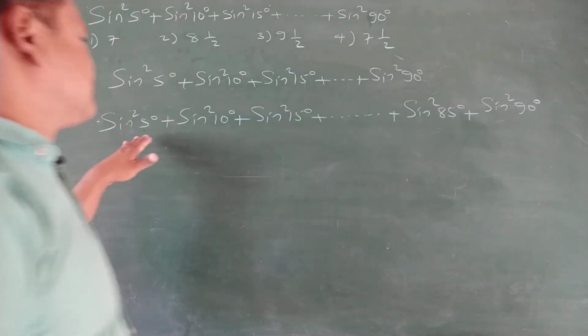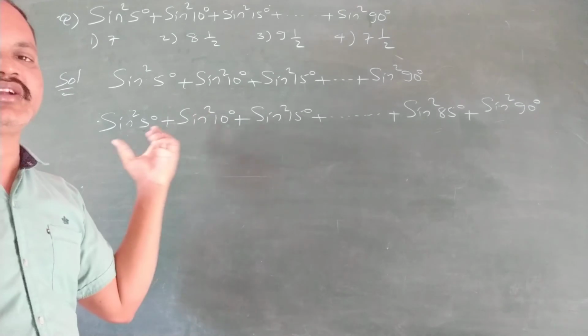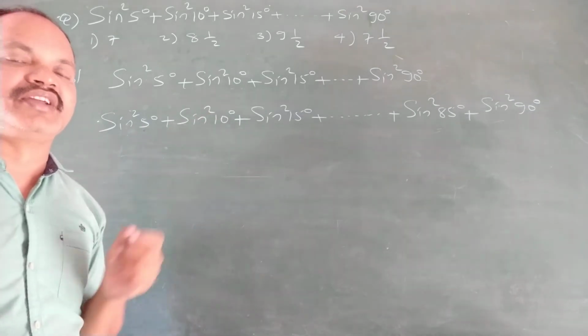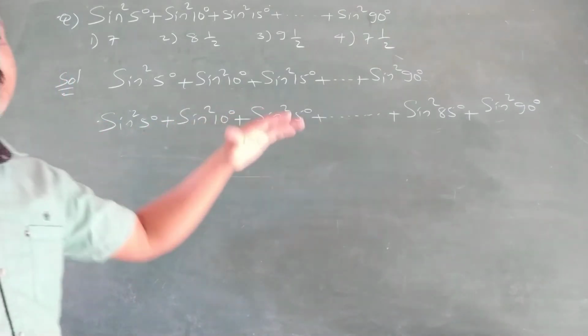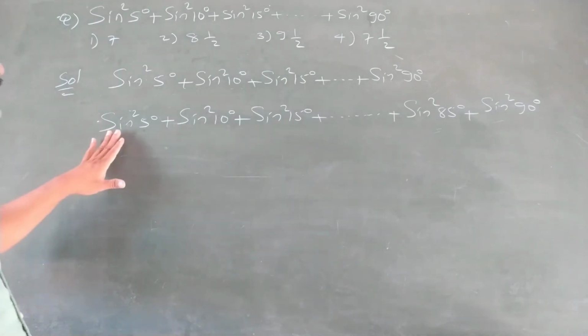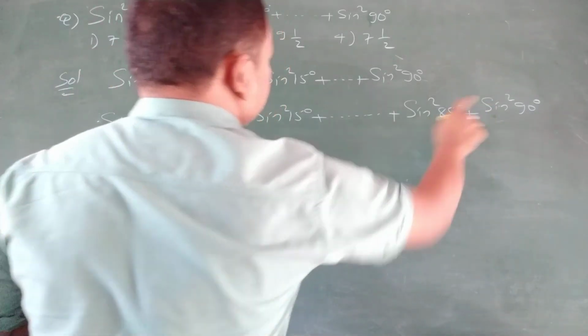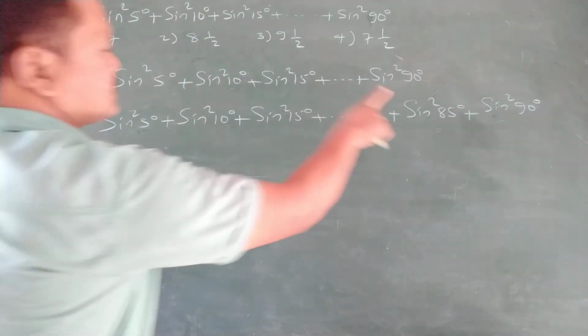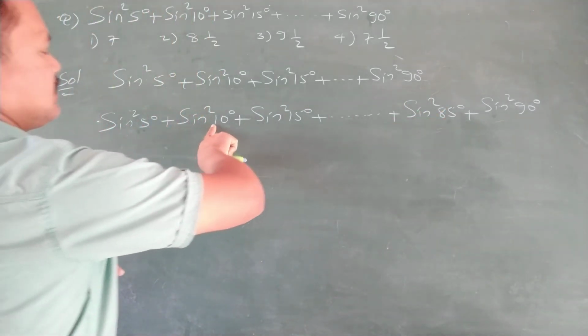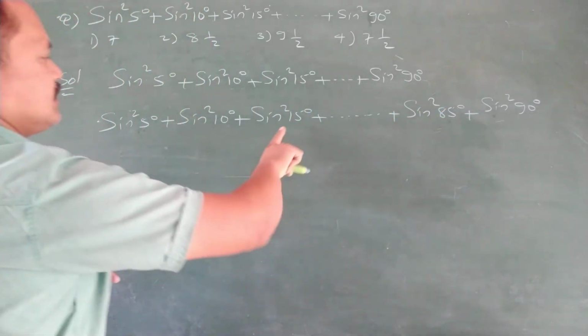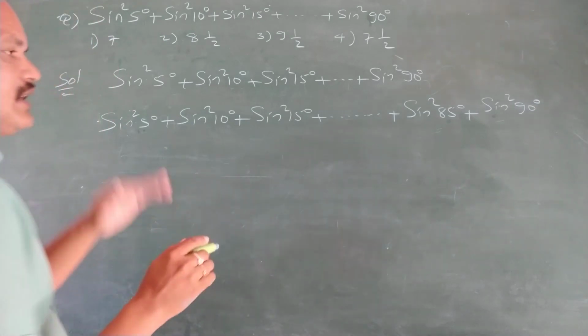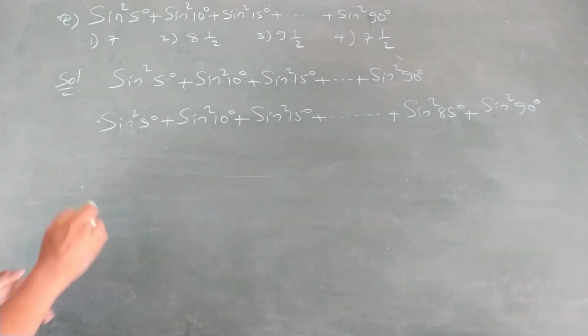Observe that each angle differs by 5 degrees. So sin square 90 is 1. Now 5 plus 85 is 90, 10 plus 80 is 90, 15 plus 75 is 90. Like that we have to write the pairs.